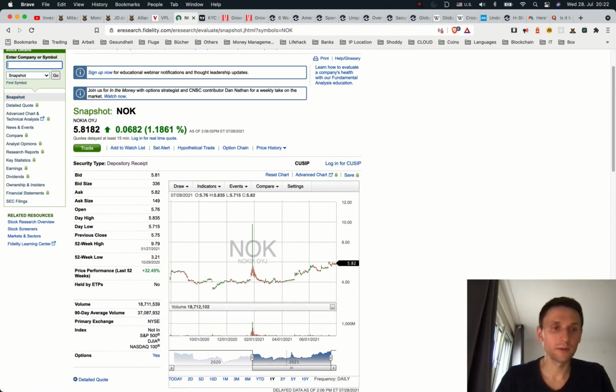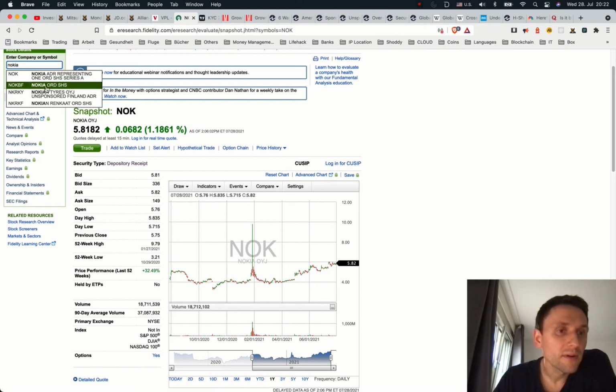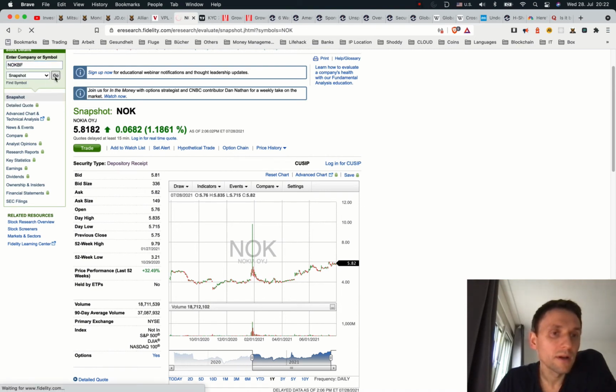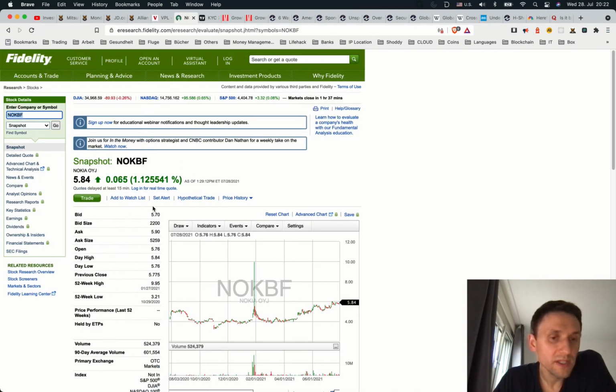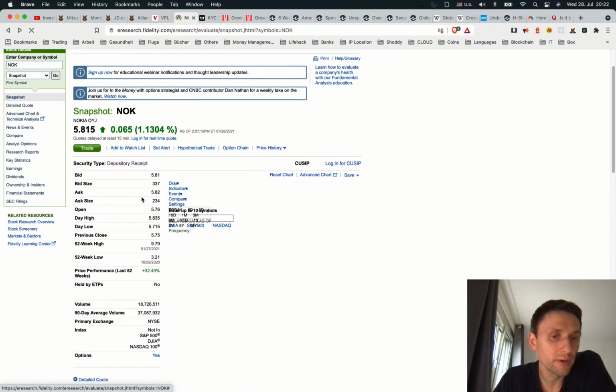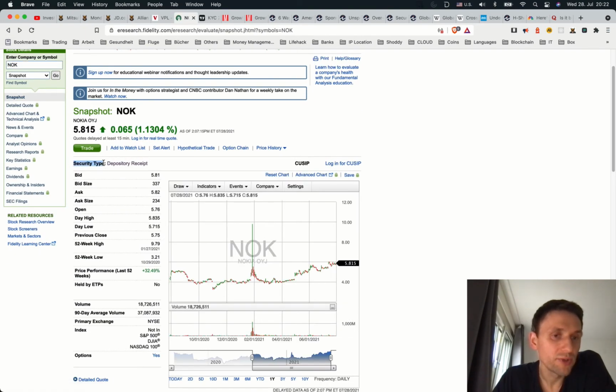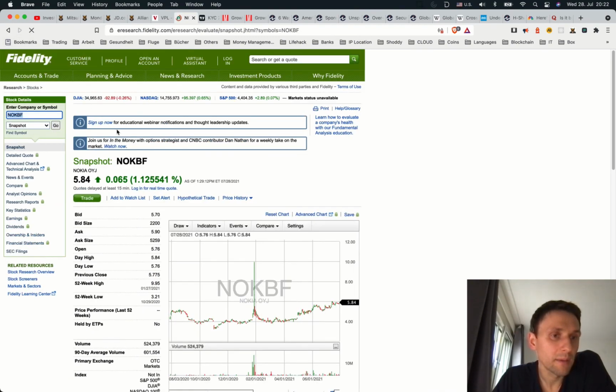Another example, again from Nokia. We have other options for Nokia, for example, this one. I click go, and this time we don't see any security type like before. I click before, and we see here security type ADR, and this time it's different.